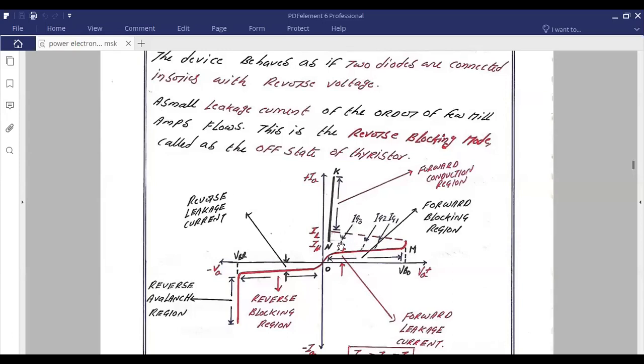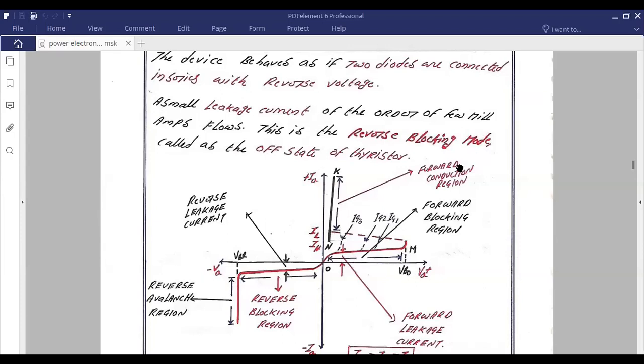With 15 milliamps, it conducts at 20 volts. So as the gate current magnitude increases, the required forward voltage reduces. Here is one method of making the device conductive, by means of a gate current. Depending on the gate current magnitude, the required forward voltage varies.